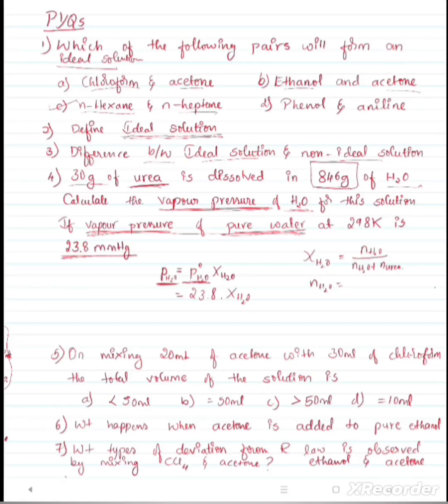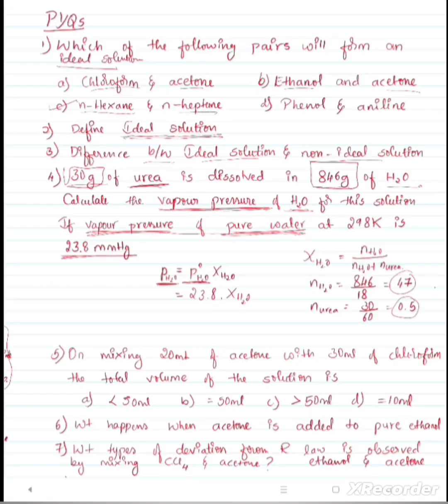Given mass is 846, molar mass of water is 18. If we do the calculation, you will get 47. Then number of moles of urea: given mass is 30 divided by molecular mass 60. So you will get 0.5.